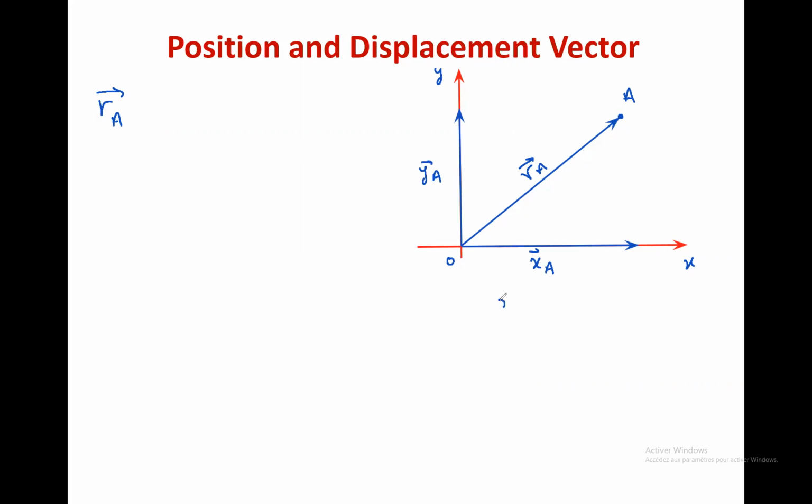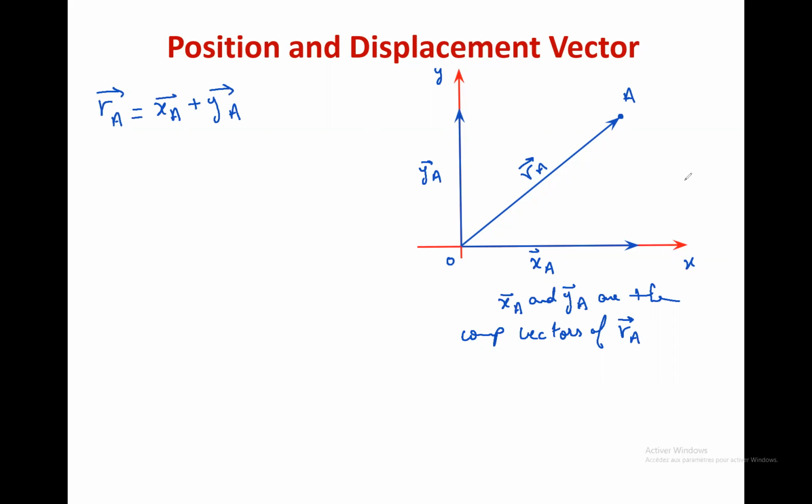So XA and YA are the component vectors of RA. So RA equals XA plus YA.